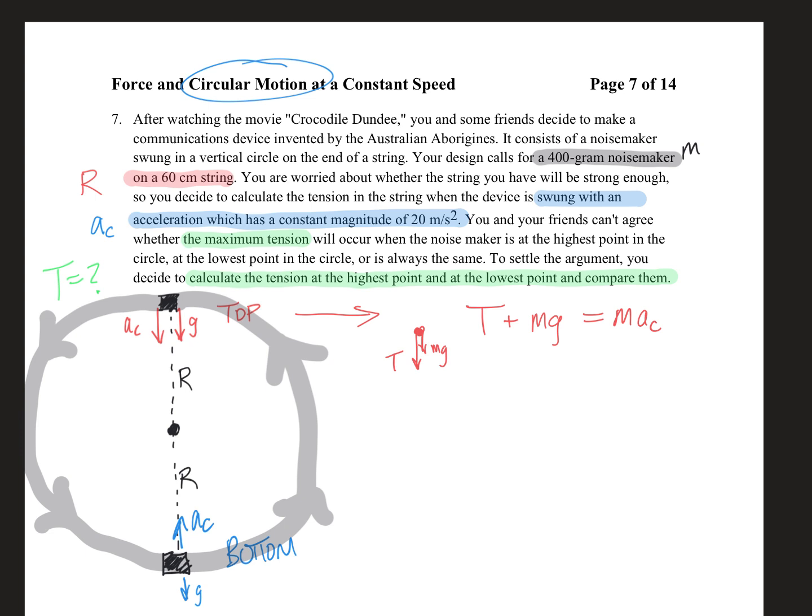The particular forces are the tension and the weight. The particular MA, Newton's second law, is centripetal acceleration. This would also be the net force here. I wish I hadn't used blue because that's my other force thing.